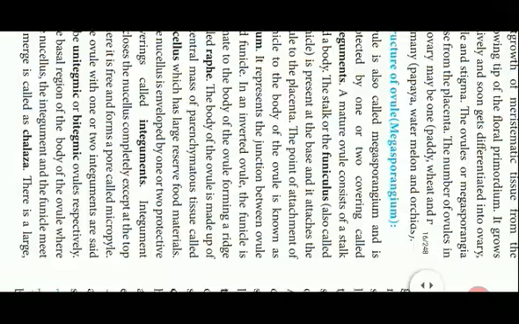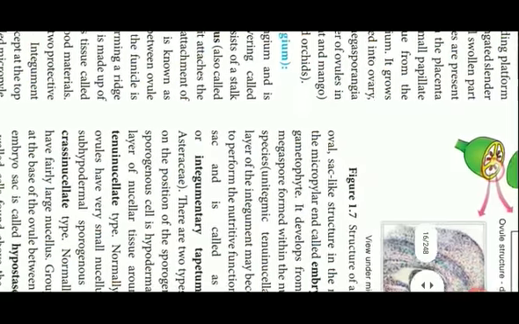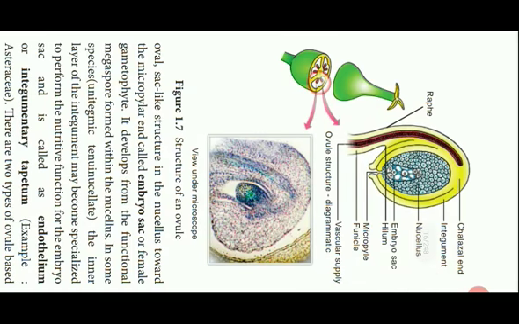Okay, the nucellus is made up of two protective coverings. If you see the diagram, the nucellus is well protected by two coverings known as integuments. The blue color represents the nucellus, the reserve food materials stored inside it.